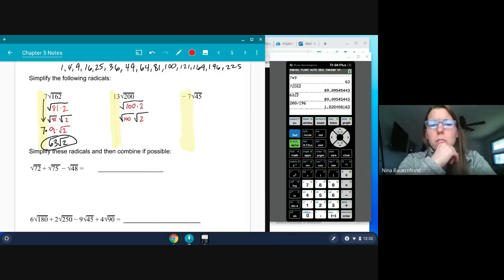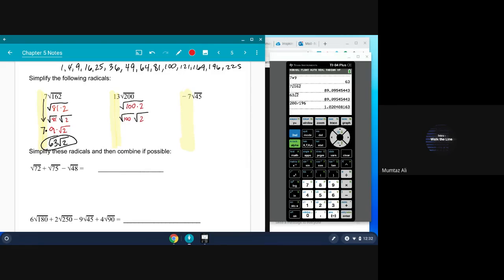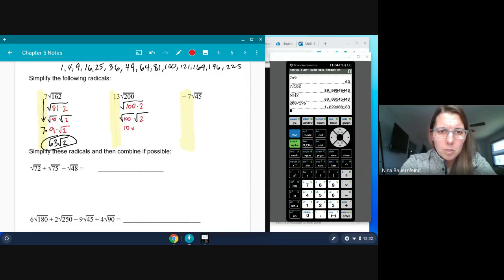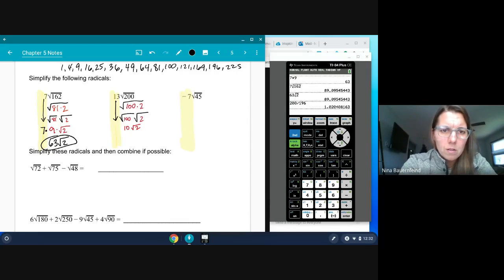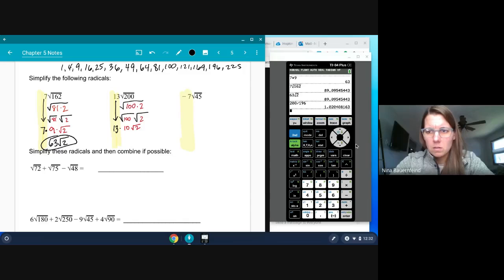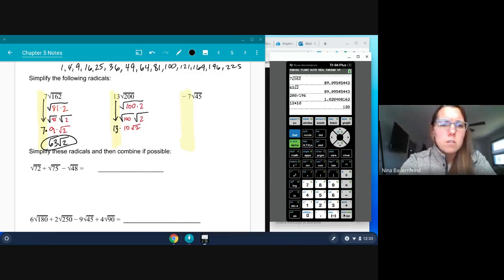What is the square root of 100? 10 times the square root of 2. And then we're just going to drop down this 13 times 10. 13 times 10 is 130 square root 2.